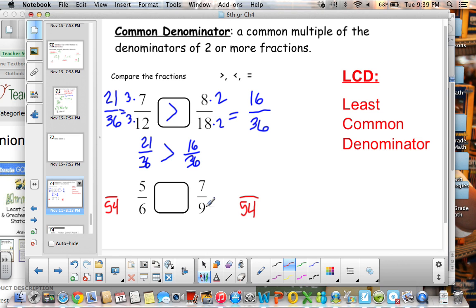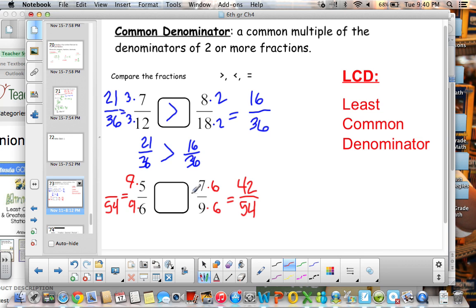So 9 times 6 equals 54. Then I have to do the exact same thing to the top. So 7 times 6 is 42. And then 6 times 9, because I need to multiply times 9 to get 54, so I have to do the same to the top.